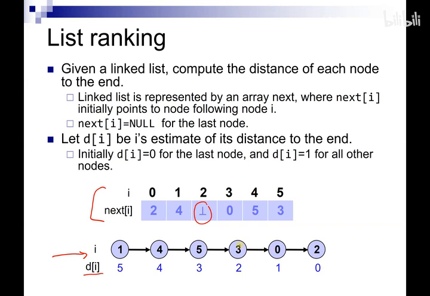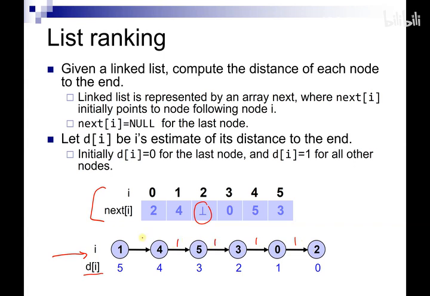For example, this 3 node knows that the distance to the next node is simply 1. Likewise, this node 0 knows that the distance to the next node is 1.